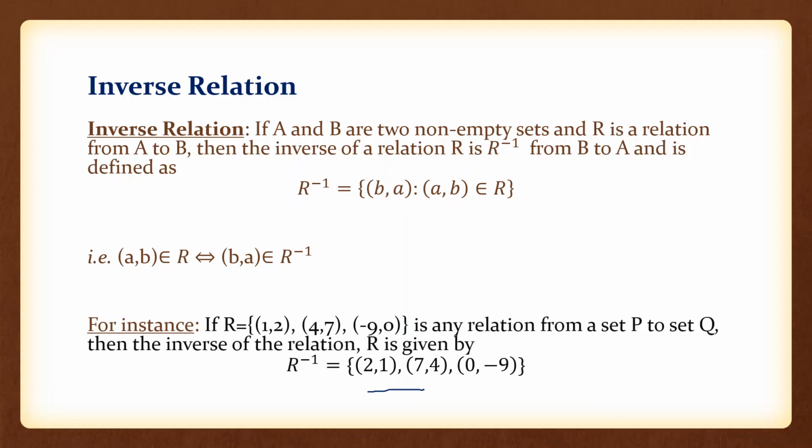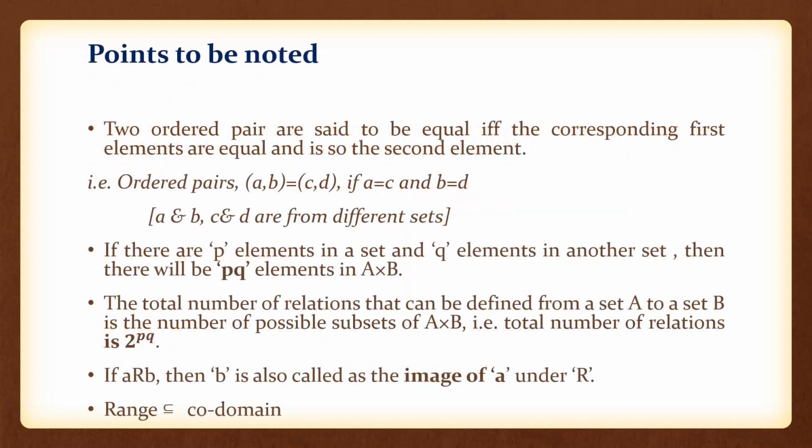So that's why it is represented as R raised to minus 1, and it is defined as (B, A) such that (A, B) belongs to R. If (A, B) belongs to R, then (B, A) belongs to R inverse. So R inverse, or inverse relation, is nothing but the swapping of domain and range. We'll be studying further about inverse.